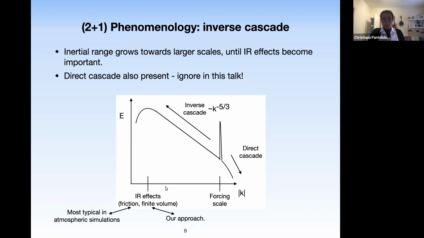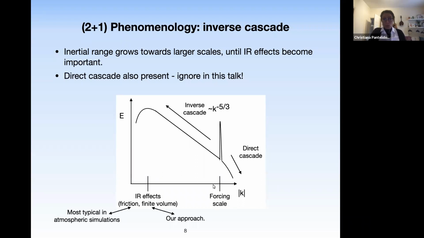Okay, so once again, we see something similar to what we saw before. We have vortices coming in here, and then they continuously transfer energy to larger scales, and then they are sort of removed, or they condense at this scale.